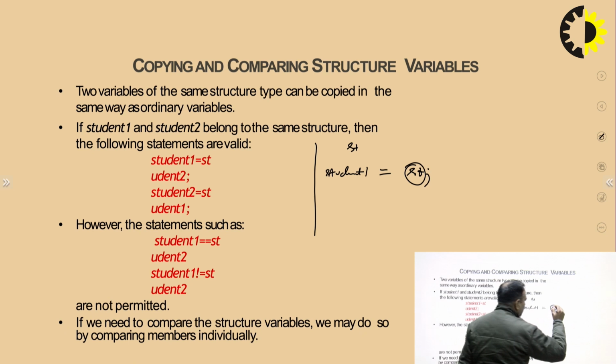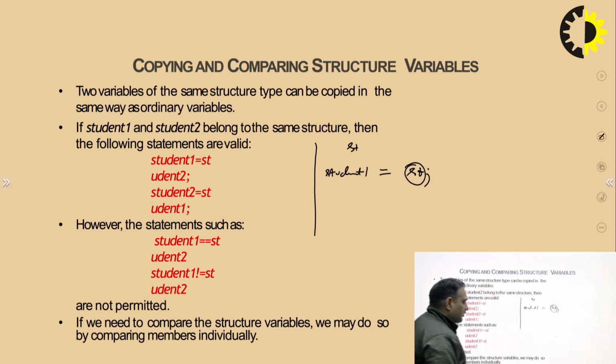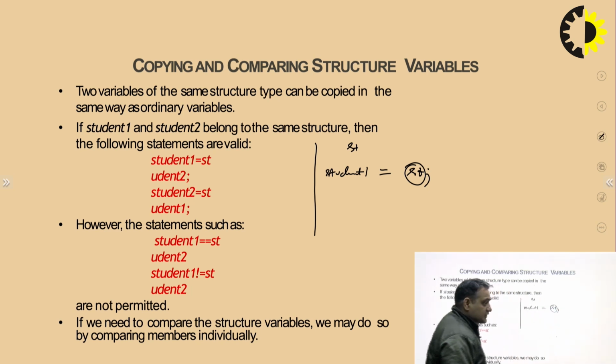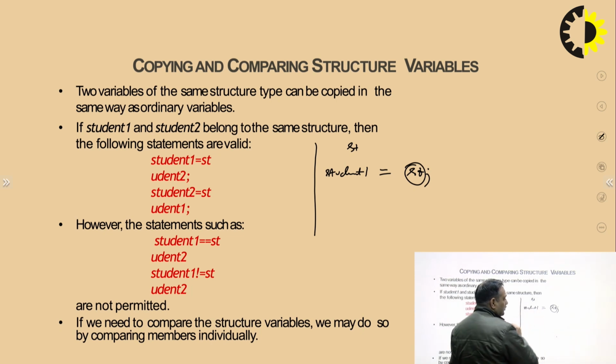If st1 dot name is abc, then student 1 dot name is also abc. If st1 dot roll is equal to 4, then student 1 dot roll is also equal to 4.